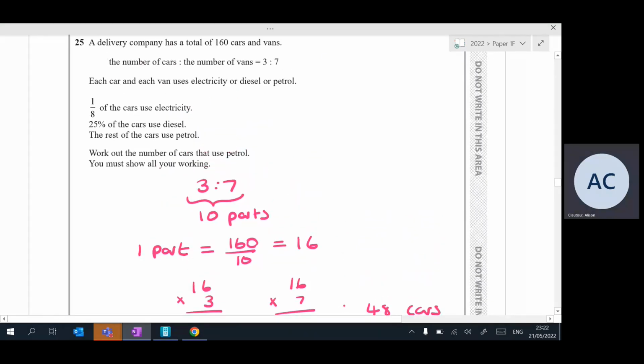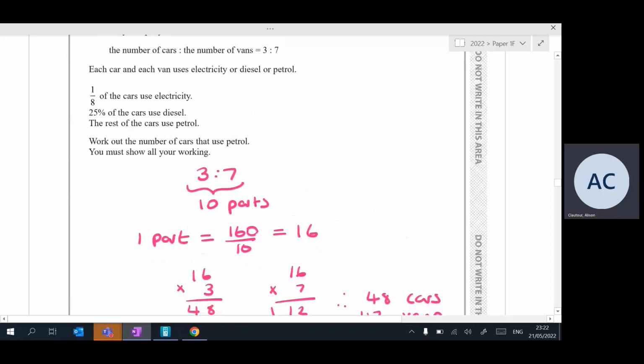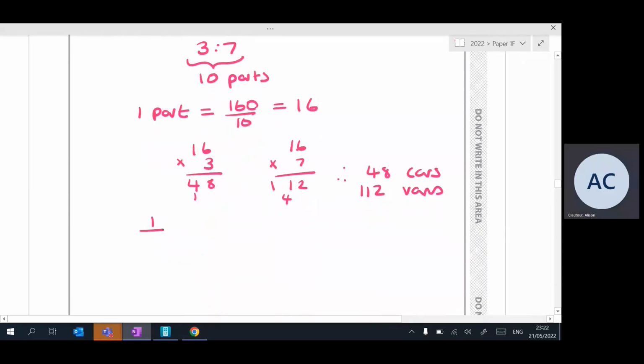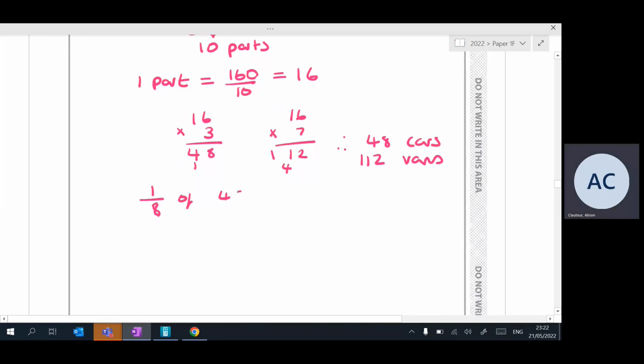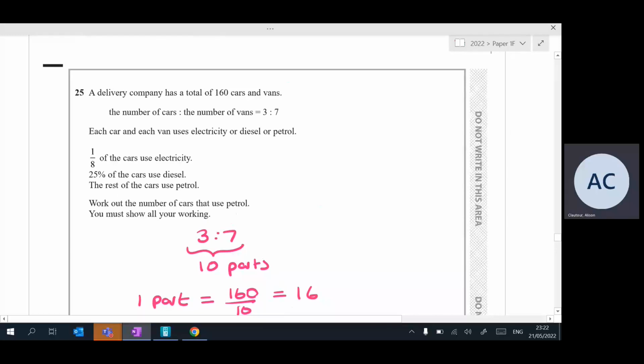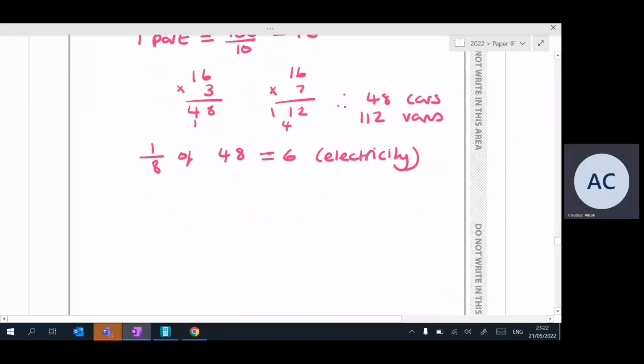Out of those cars, we've got 8 using electricity. Okay, so 6 of them use electricity. You then got 25% using diesel. So I'm going to change 25% because I know that's a quarter.